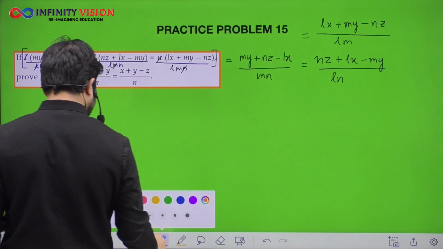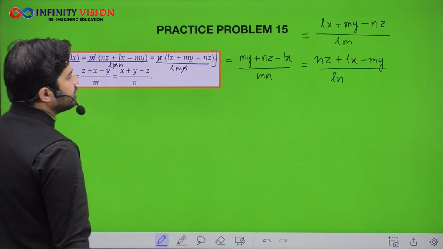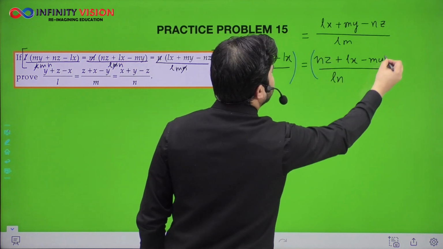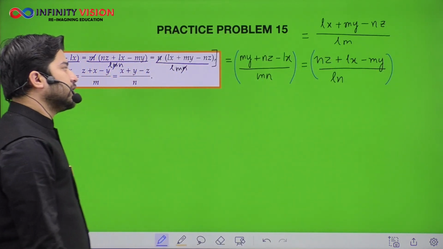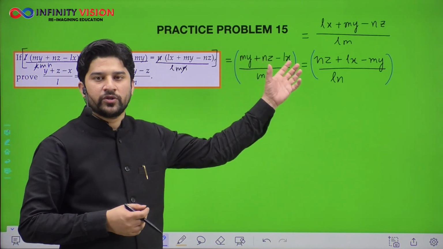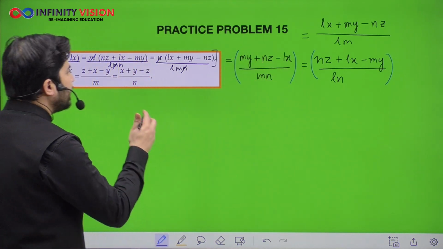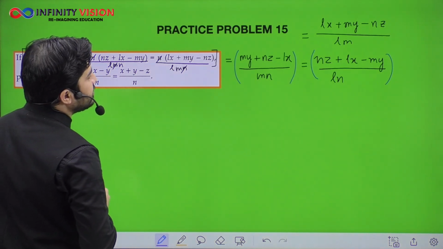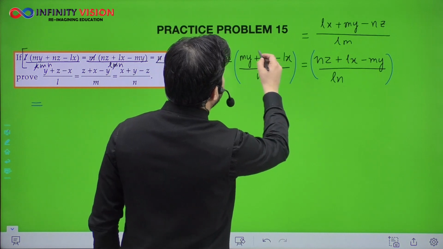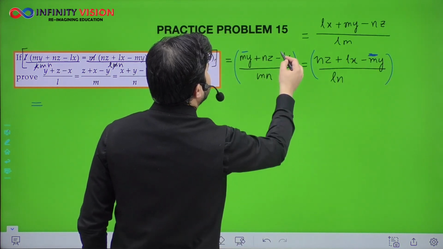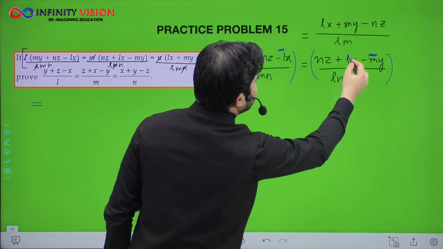Now, if I focus here, this ratio and this ratio, if I add them together, or I would say the sum of antecedents upon sum of consequents would be equivalent to this. So if I add these two, the sum of antecedents: My would cancel this minus My, and this minus Lx would cancel this Lx.